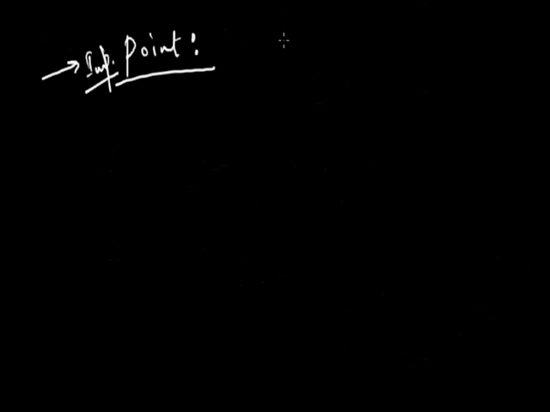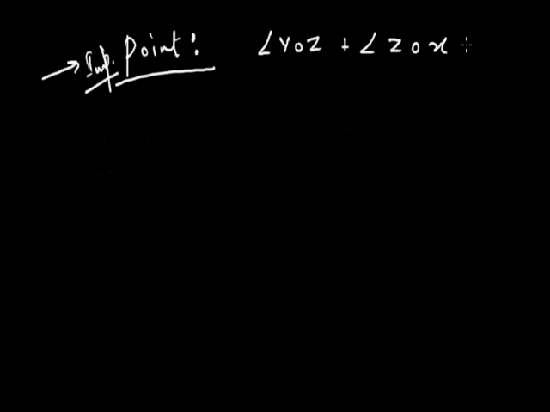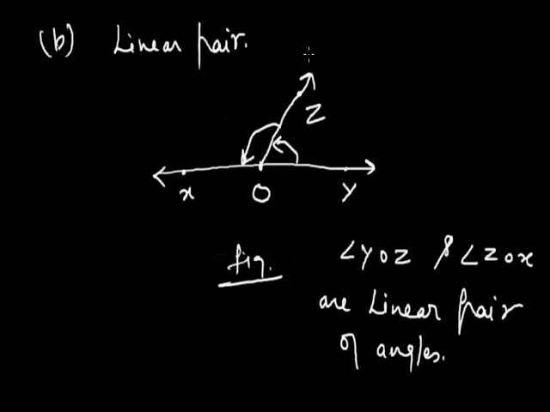So angle YOZ plus angle ZOX, which are taken from the above diagram, their sum is equal to 180 degrees. This is the most important result. You must remember this point.